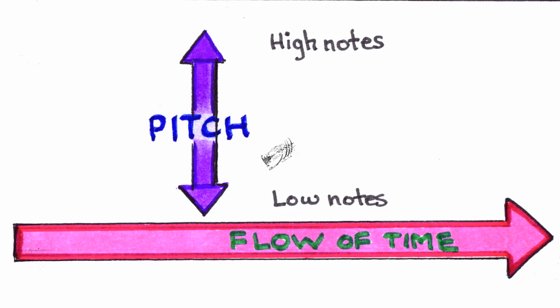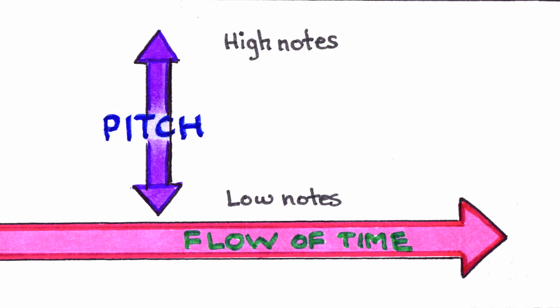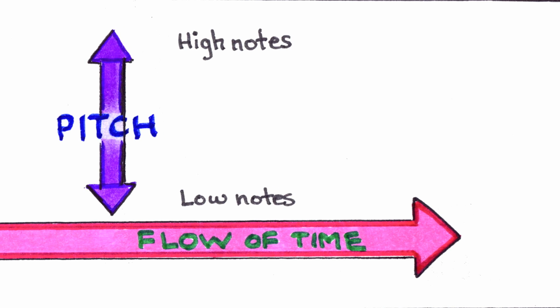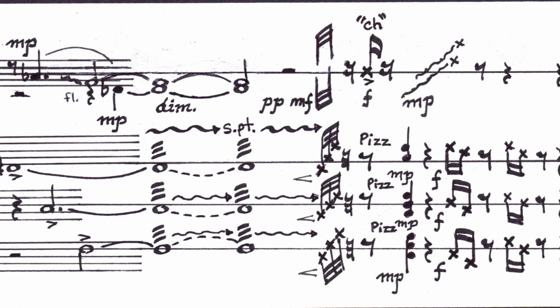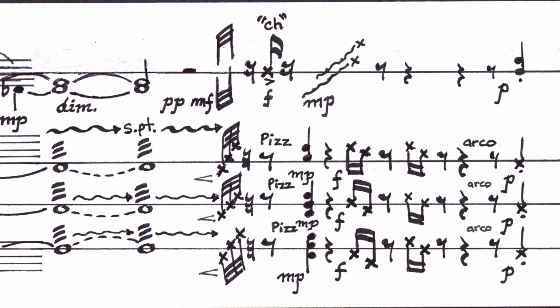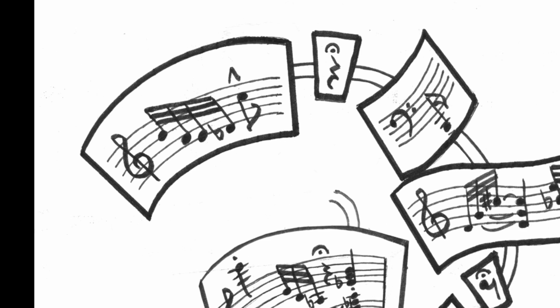A field is usually read, as usual, from left to right, with up representing higher notes and down representing lower notes. However, it depends on the piece and how it is drawn. Some scores use a spiral that is read from the middle outwards, or some other complicated shape.